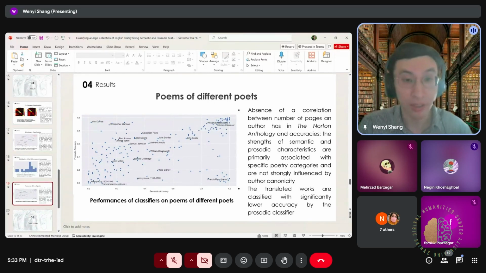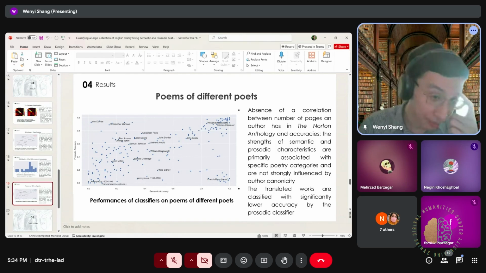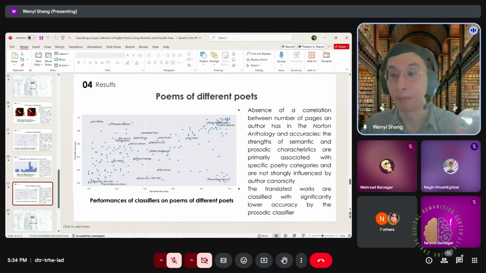So we can say that all the most translated works are distributed in the bottom of the figure. Some can be very well classified by the words they're using, showing a high semantic accuracy, and some can be very poorly classified by the semantic accuracy, the words they're using. But all of them mostly can be very poorly classified by the prosody they're using.